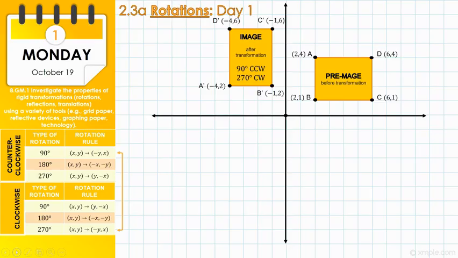So when we look at the rotation of an image or pre-image, remember pre-images use A, B, C, D, or any regular letter. From the pre-image to an image, we use prime letters to designate a rotation or a transformation has occurred.